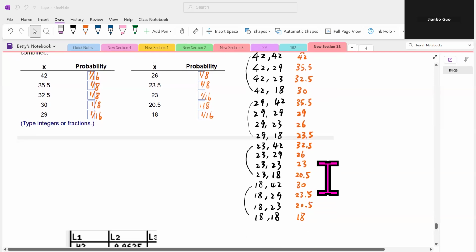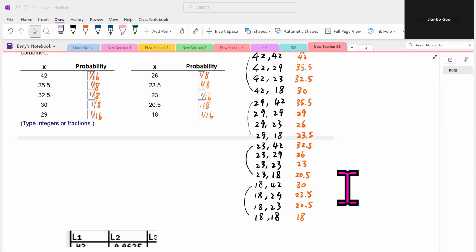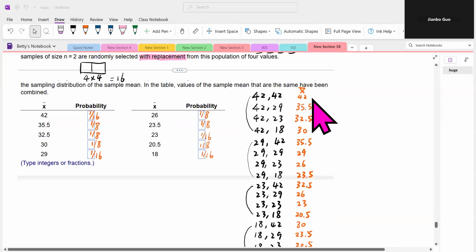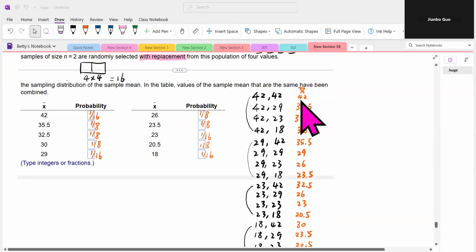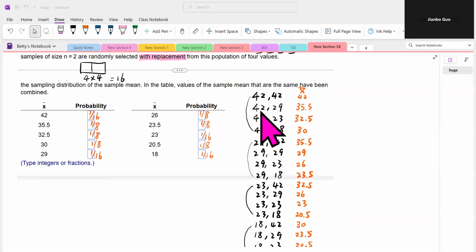In part A, we are going to create the probability distribution table for sample means, for those red numbers. Among the 16 sample means, 42 appears once. Since this is a classical model, those samples have the same chance to be taken.